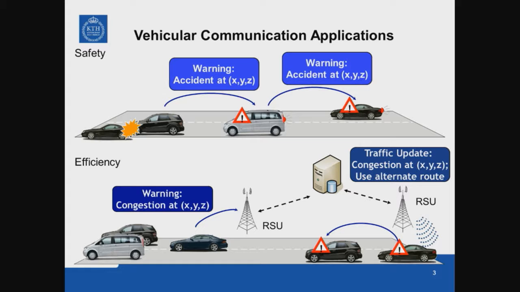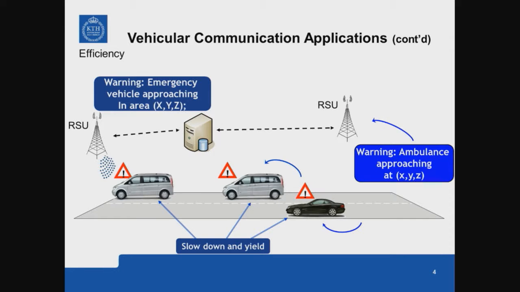In the figure below, a traffic server collects information about congestion on the road. By optimizing this information, it can inform other vehicles to choose their proper path. Another example is if an ambulance is approaching.